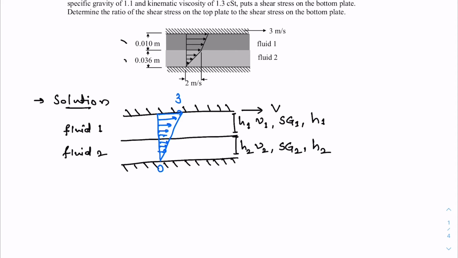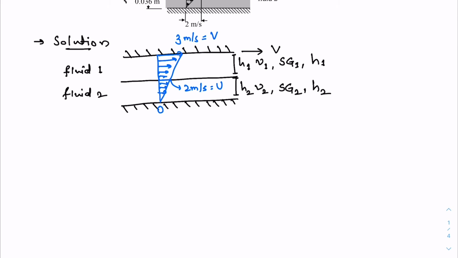The velocity here is 3 meters per second, which is equal to V. And the velocity here is 2 meters per second, which is, let's say, capital U. So you already know that shear stress, let's say my coordinate system is such that the horizontal axis is x, vertical axis is y, is the dynamic viscosity times the velocity gradient du by dy.